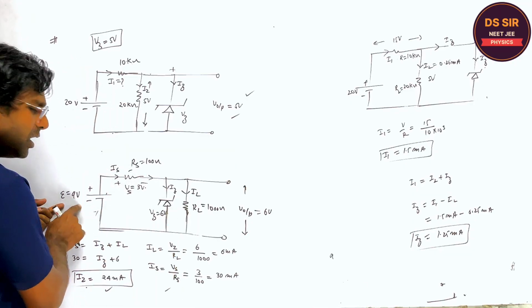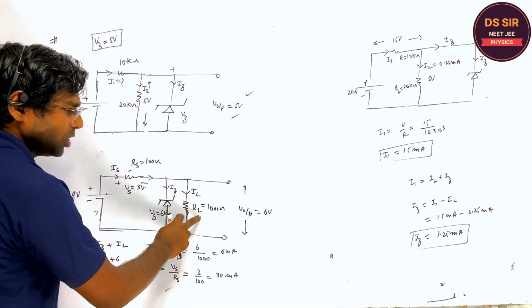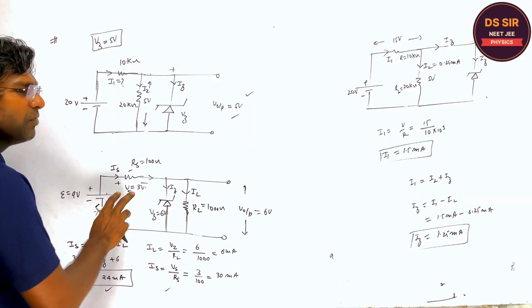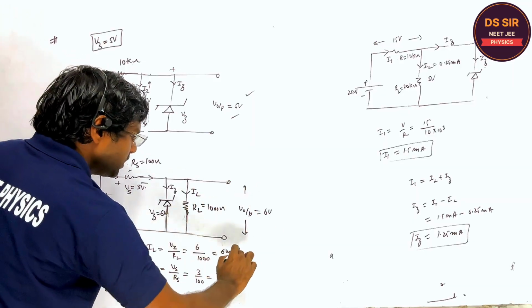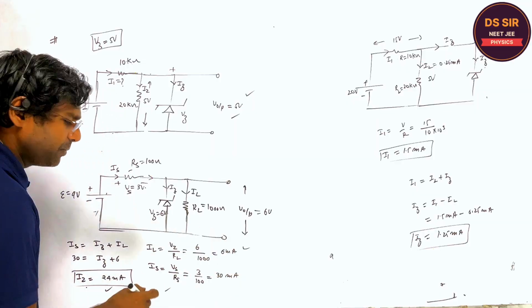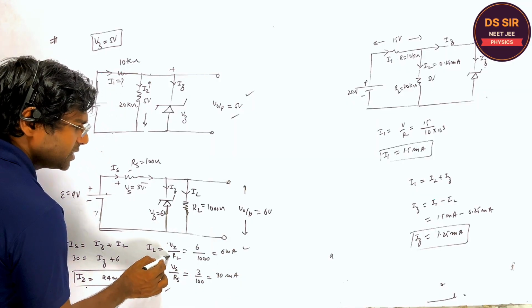If we change the 9 volt to 12 volt, everything will be the same for the load resistance, right? But the Zener current and this current will change, but the output voltage will remain the same, and the current in the load resistance is always the same, because the Zener voltage is fixed and the load resistance is constant.